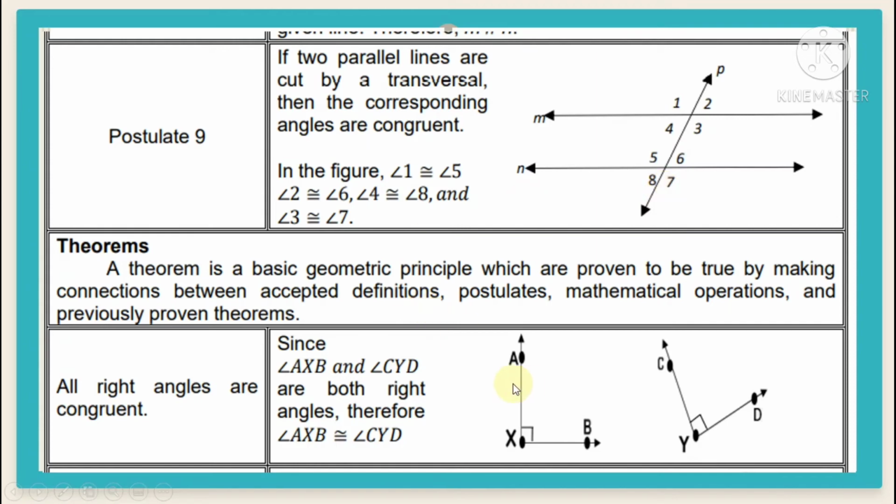A theorem is a basic geometric principle which is proven to be true by making connections between accepted definitions, postulates, mathematical operations, and previously proven theorems. All right angles are congruent. Since angle AXB and angle CYD are both right angles, therefore, angle AXB is congruent to angle CYD.